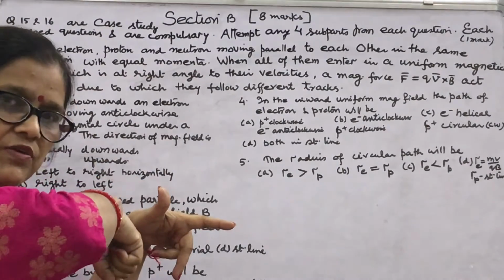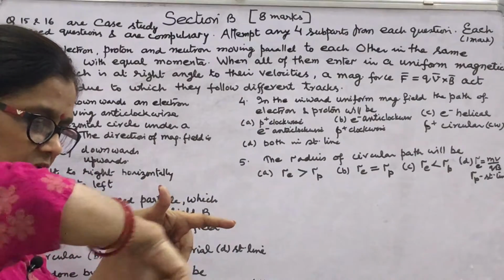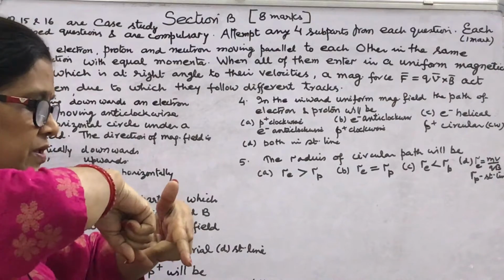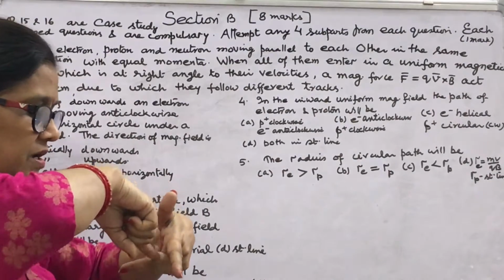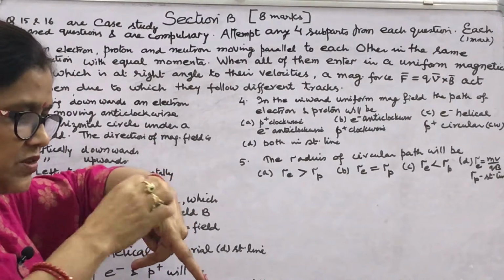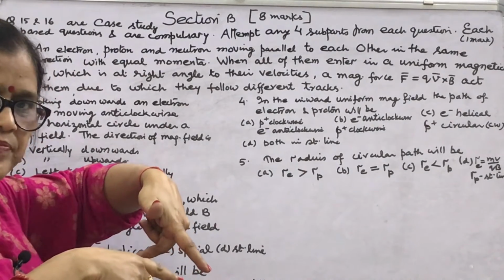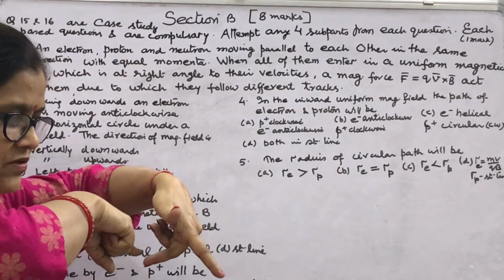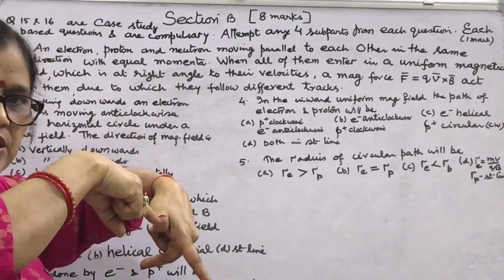This is the direction of velocity. Look again at this point, this is the direction of velocity. Then if you keep the finger here to show the velocity of the positive charged particle and this force towards the center, then this is the circle, this is the velocity, this force is towards the center.